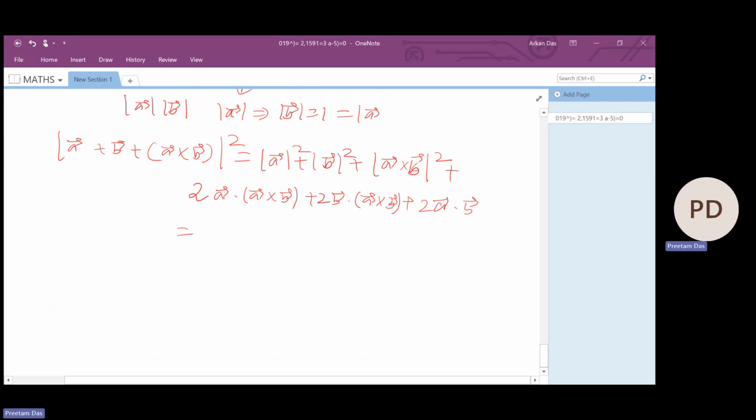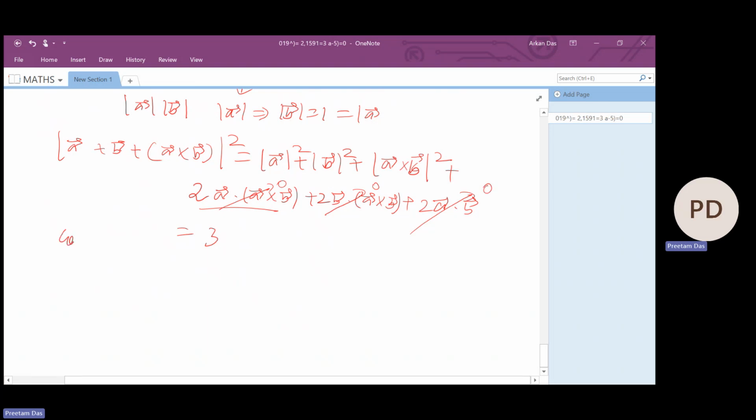So what will be a square plus b square, and then all of this thing, this will become 3, and this will become 0. This will become 0. A, B, A cross B are always mutually perpendicular. Dot product will be 0. This is 0 given in the question. So this will be 3.